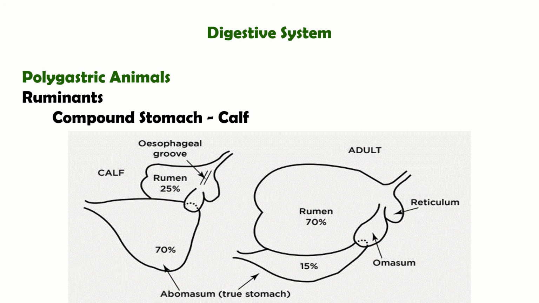So, kapag nag-suck sila ng milk from their mother, hindi yun dadaan sa rumen. Okay? Yung milk ay dediretso sa abomasum or the true stomach, which is composed of 70% of the stomach of the calf. Okay? Nagkakaroon ng esophageal groove.